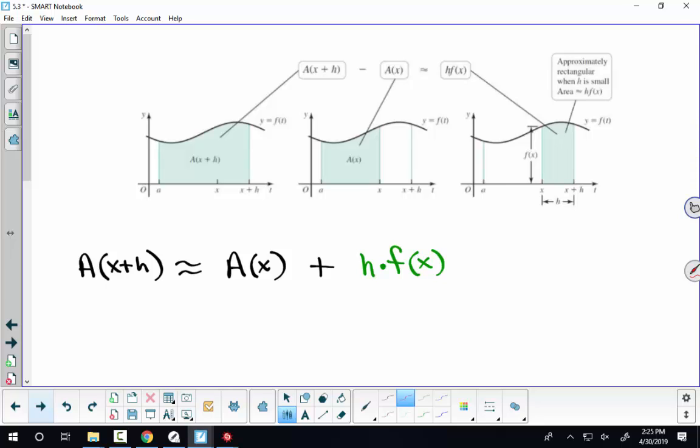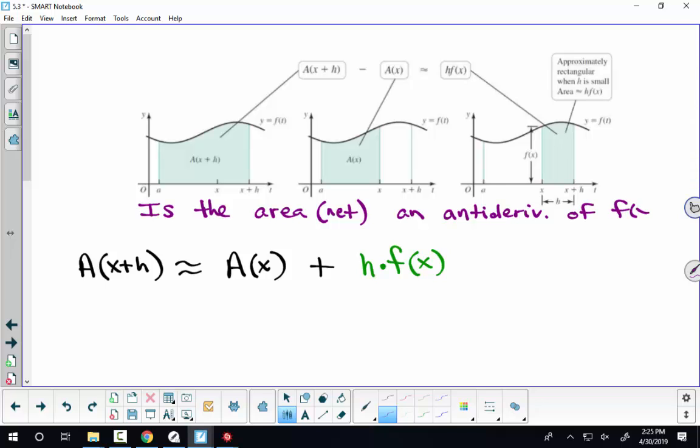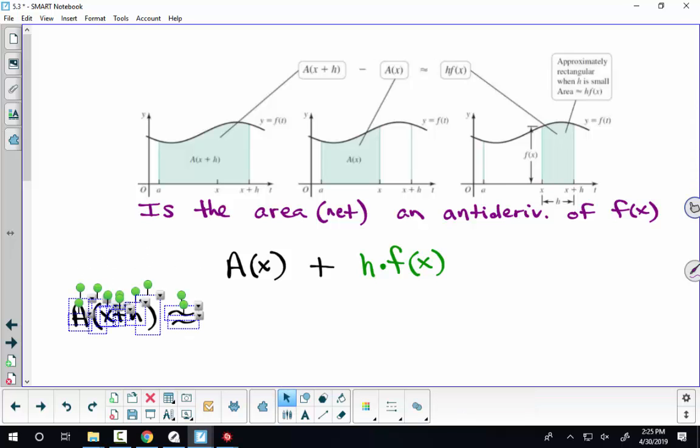So this figure is what we're going to use. It's not rigorous or anything like that, but this figure is what we're using to answer the question: is the area function, which is our net area, an antiderivative of f of x, for any f of x, not just a linear function like in that last example?